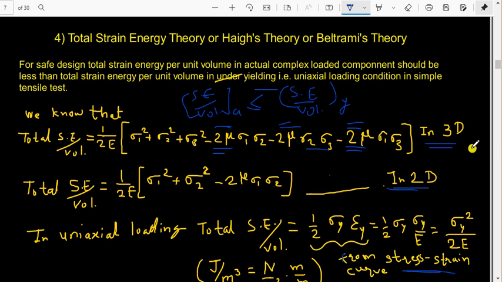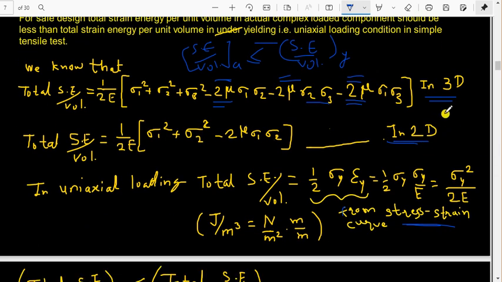You may remember if this is our, let us say, stress strain curve, right? Then this much area, how will we calculate? You can see here, this is our stress strain curve. This is, let us say, point E. Now if you want to calculate this area, you will find it by using the formula for the area of a triangle.